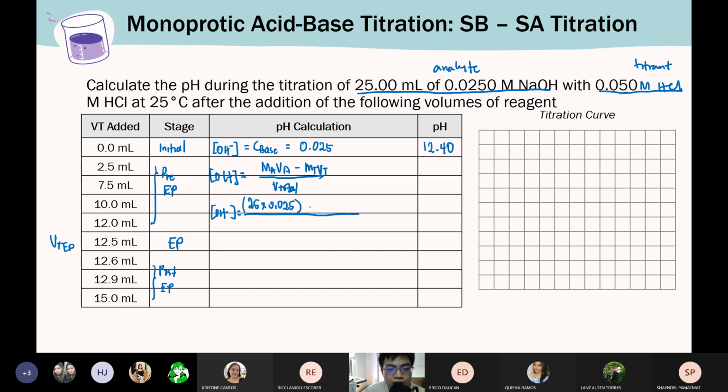Then for the MTVT, yung volume ng titrant yung nagbabago, so substitute ko na lang siya later. 0.05 molar HCl titrant times whatever volume of titrant is. And then for the V total, you just add 25 ml of the analyte plus the V titrant. And then take its negative log, then subtract it from 14, you will get the pH.